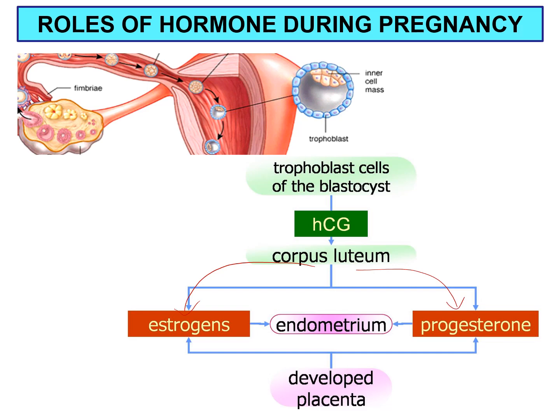These two hormones, the estrogens and progesterones, help in development or maintaining the structure of endometrium. And later on, the development of placenta will take over the function of corpus luteum to secrete estrogen and progesterone, which means in later pregnancy, the estrogen and progesterones will be secreted by the placenta.